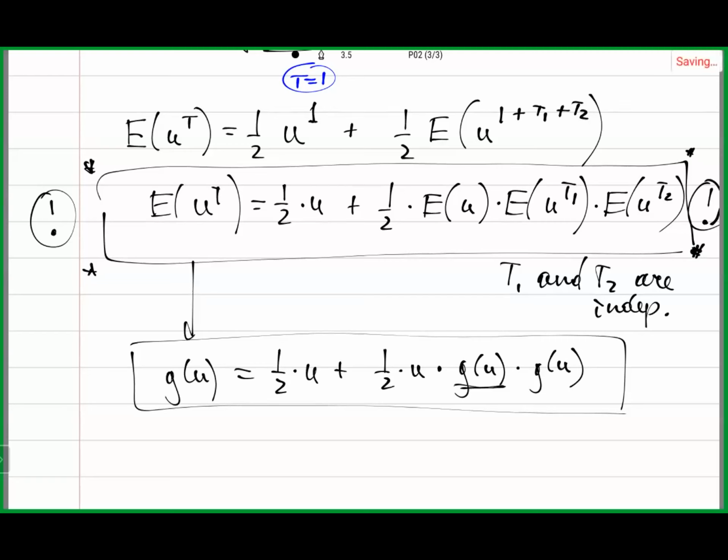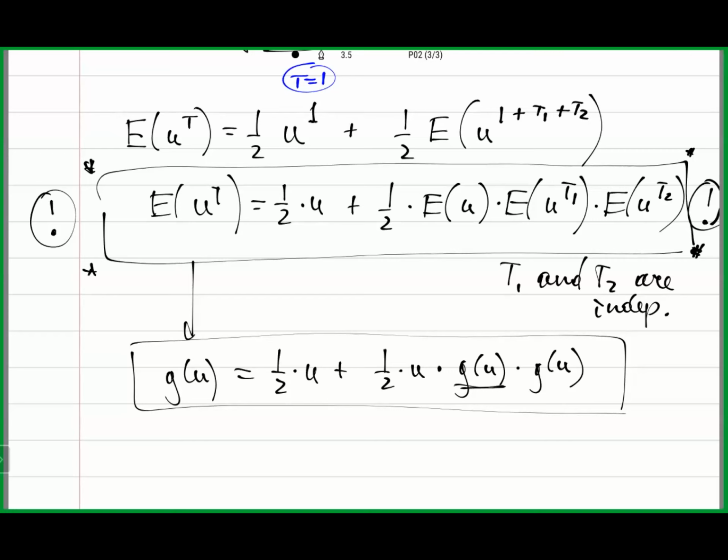Okay. And well, yes, I have a question. So T1 and T2 are independent, but does it really mean that T1 and T2 are same variables and we can just change the variable in the expected value of U to the power T? No, they are not the same variables. They have the same distribution.